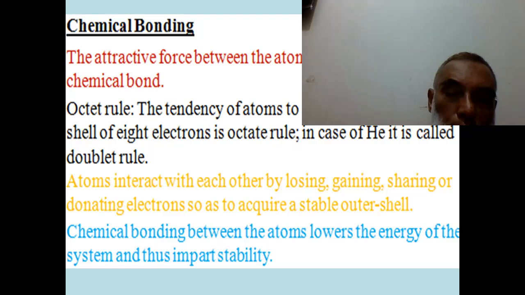When atoms interact with each other by losing or gaining, sharing a pair of electrons, or donating electrons, they acquire some stability, and their outermost shell acquires an octet configuration, and thus becomes stable. Chemical bonding between atoms lowers the energy of the system, and thus imparts stability to the system.